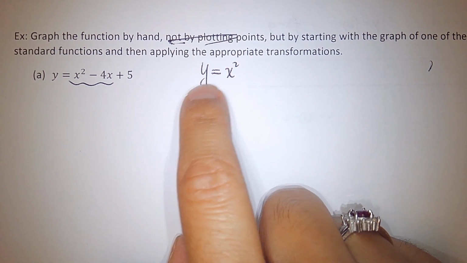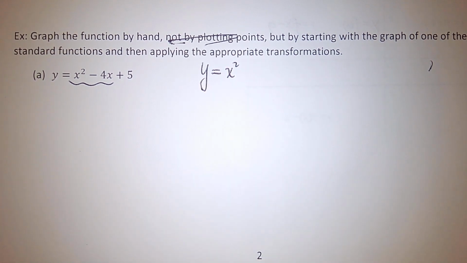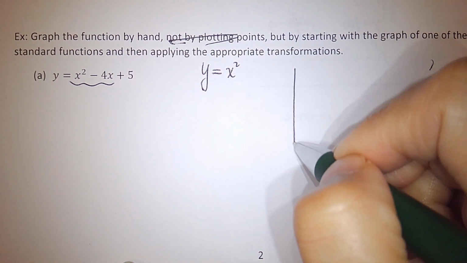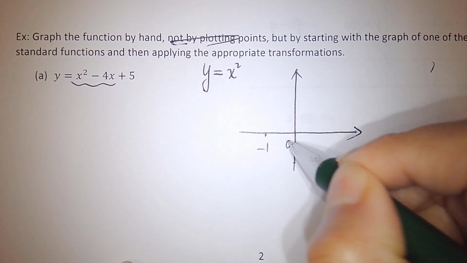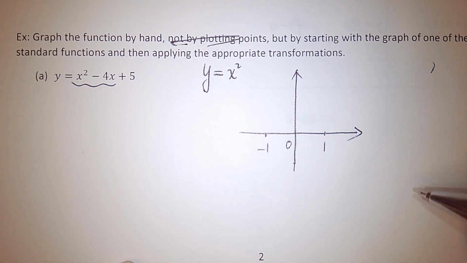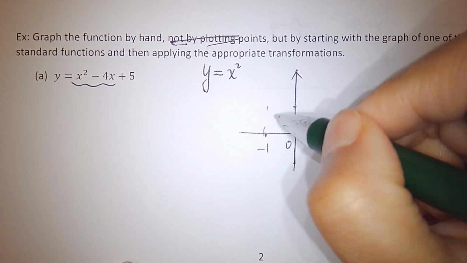Do you know how to graph y equals x squared? Everybody knows it's a parabola. We just did it, right? So just pass through the 3 key points. Let's graph it very briefly. The graph looks like this.